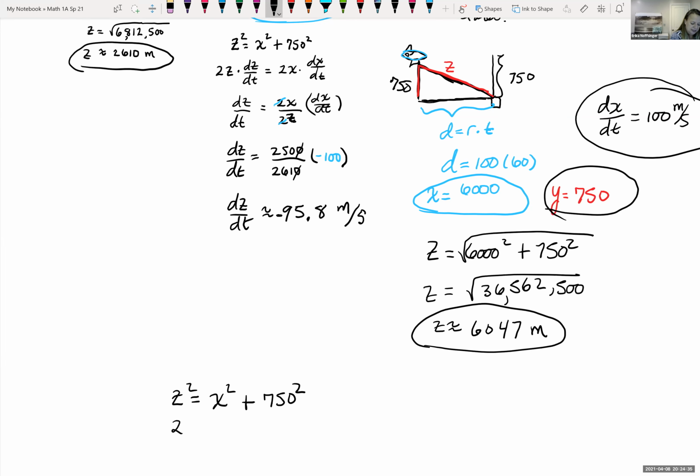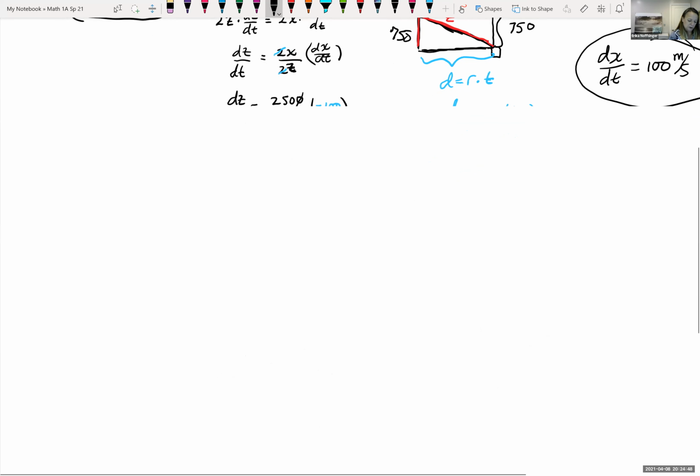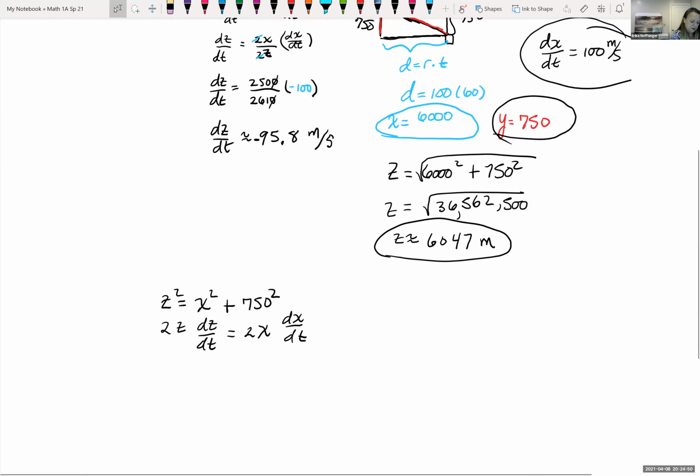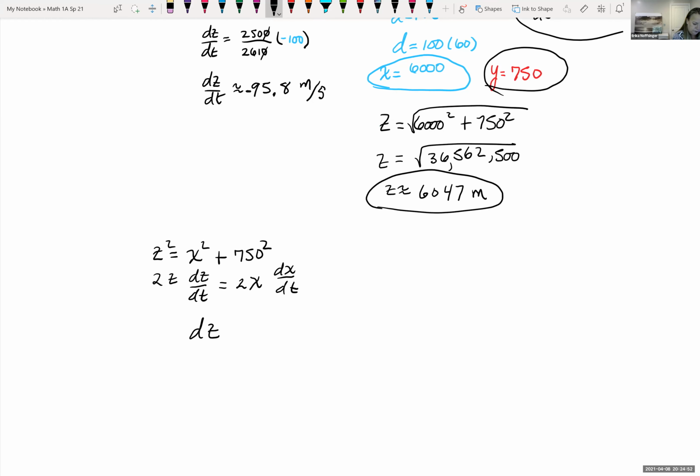So we get 2z dz dt equals 2x dx dt, taking the derivative of both sides. We actually really did that work before, so we know dz dt, dividing both sides by 2, is the same, 2z, we get x dx dt all over z.